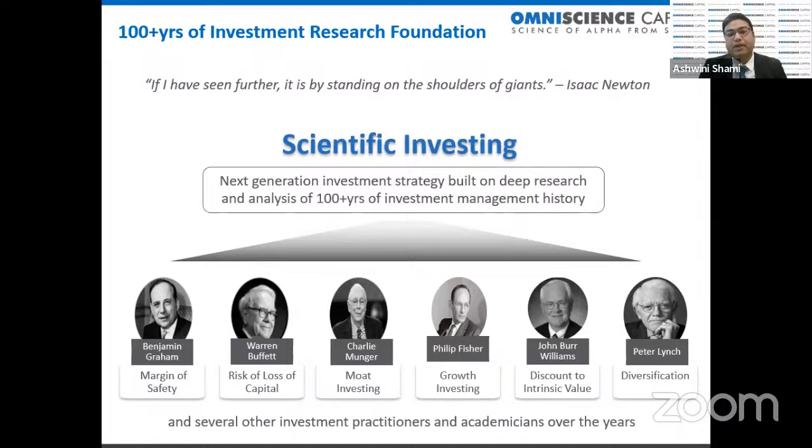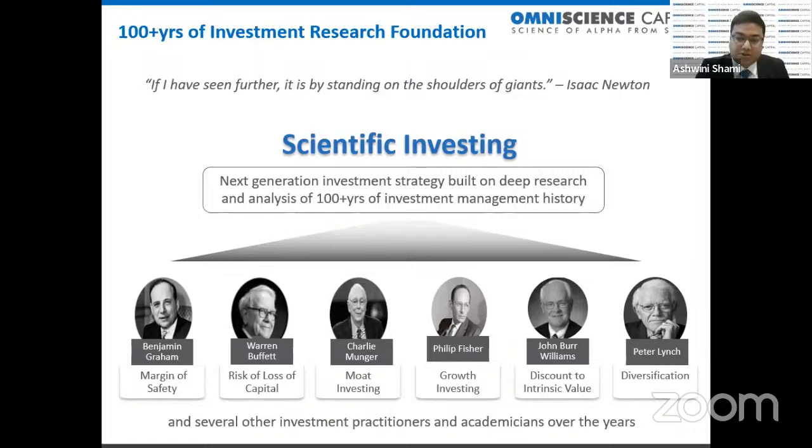There have been many great investors, right from Benjamin Graham to Buffett, his partner Munger, Phil Fisher, and so on. We have learned from all the greats, inculcated their understanding of how markets work, how to evaluate companies, how to create portfolios, and so on. Based on that, we have built this scientific investing philosophy and framework.